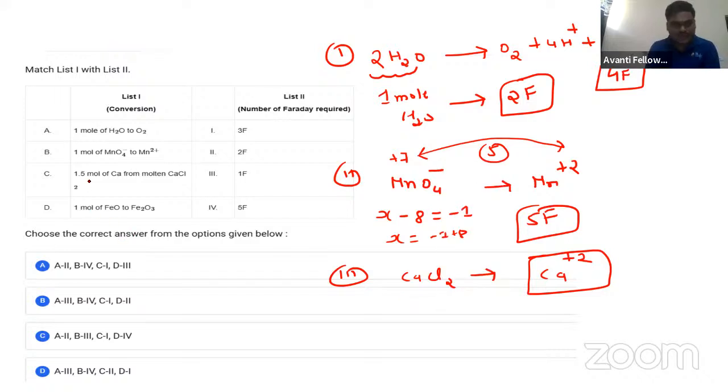So here they are asking 1.5 mole of calcium from CaCl2. So how many they required, बेटा? That is 3F. So obviously option A is absolutely correct. That is A का second सही है, B का fourth सही है, C का 1 and D का 3. So this is absolutely correct answer. Right? Clear है सबको?